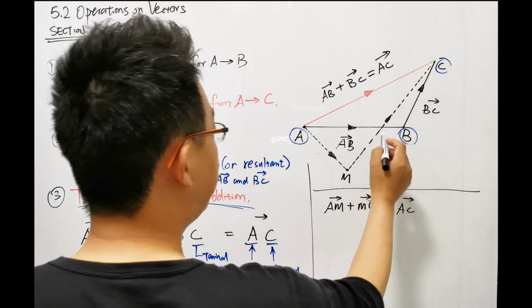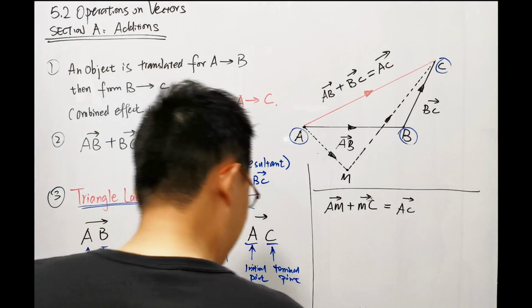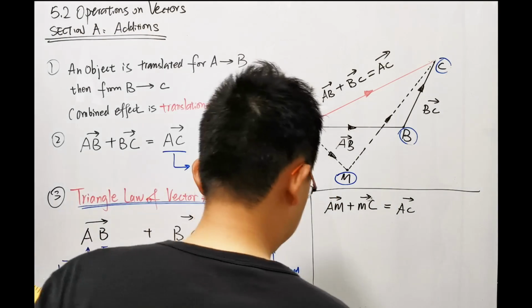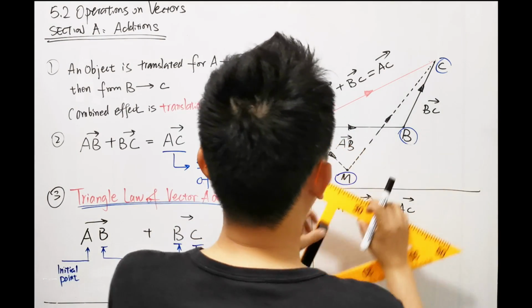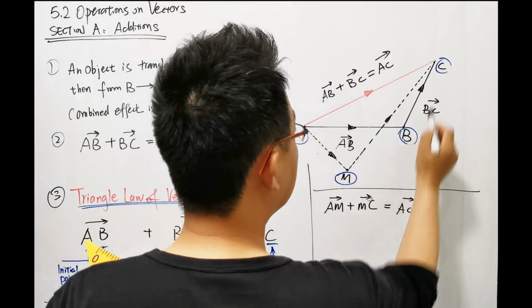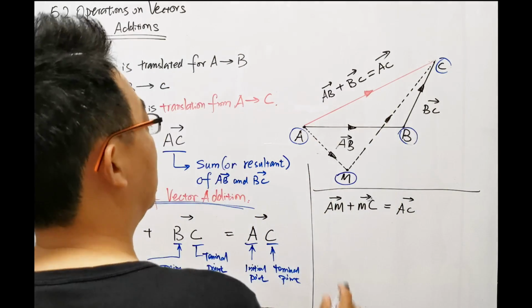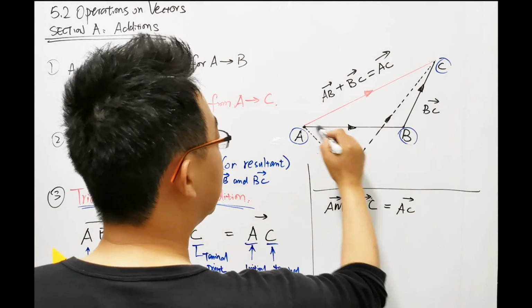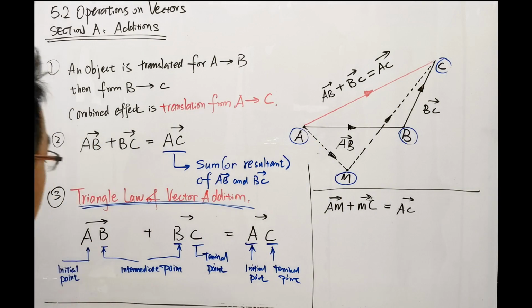So any points in between, let's say B or M, they are all intermediate points. They all fulfill the triangle law. Even if we draw another one from here to here, they all fulfill it because the starting point and ending point are the same. So this is a very important concept. Any point in between, M can move to here or here, they all fulfill the triangle law of vector addition. Okay, so this is very clear.